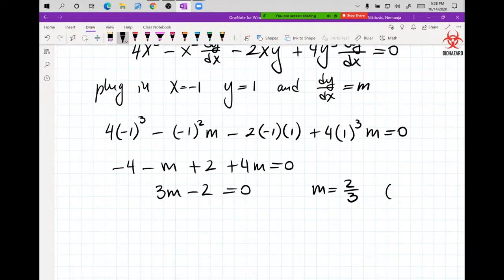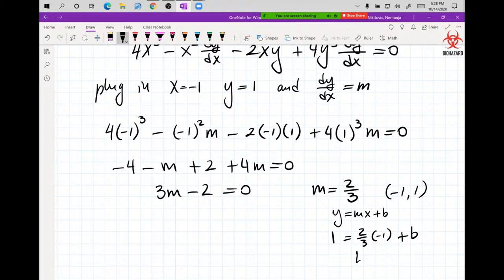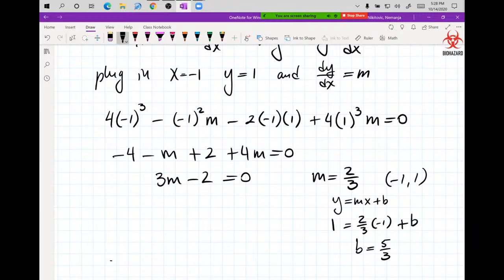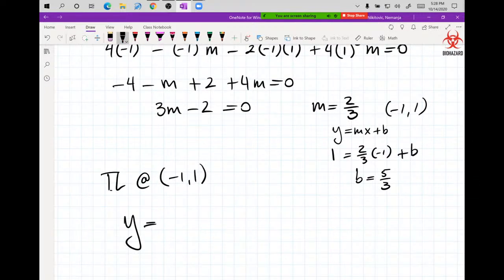And we also have the point (-1, 1). So now we can plug that into y equals mx plus b and calculate the rest. So that's -2/3, +5/3. So the tangent line at (-1, 1) is going to be y equals 2/3 x plus 5/3.